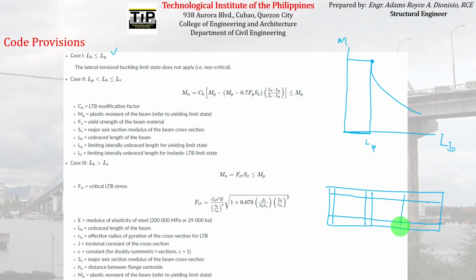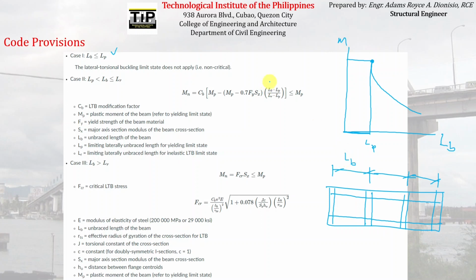If you can ensure na yung mga spacing nitong mga to will not exceed LP, therefore, the steel beam that we have here will behave with respect to yielding. It will more of fail with respect to yielding rather than lateral torsional buckling.